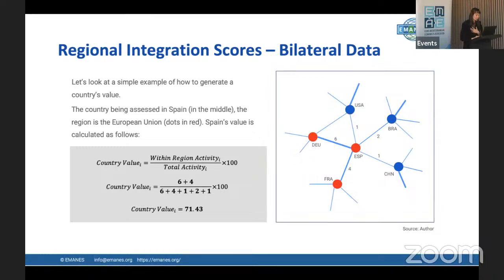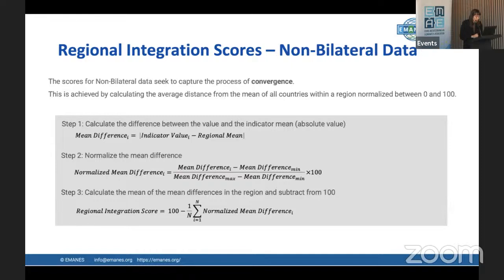So you take the amount of activity that they're doing here, which would be 6 + 4, and we divide it by their total activity. I hope that's clear. I can clarify more if it's not. The higher this value is, the more integration. So moving on to non-bilateral data.